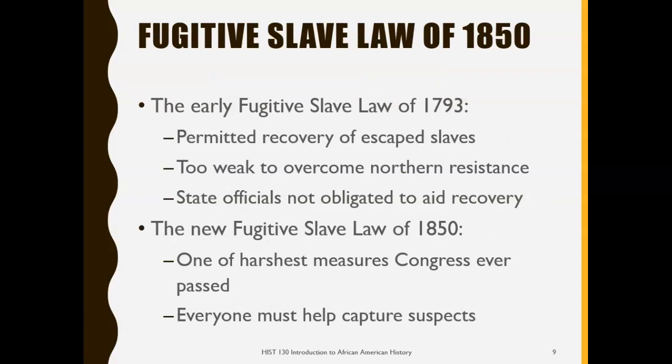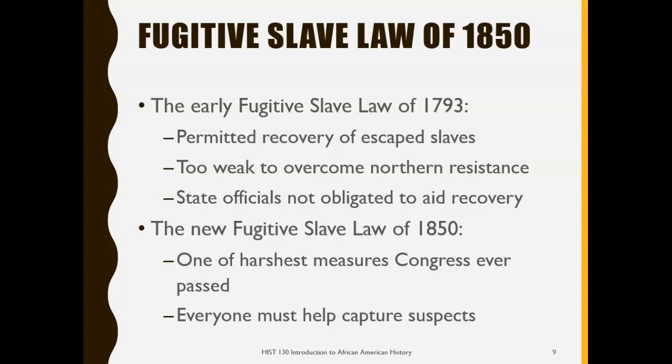So let's talk about these different fugitive slave laws. There was an early fugitive slave law passed in 1793, which permitted the recovery of escaped or runaway slaves. But this law was too weak to overcome Northern resistance.